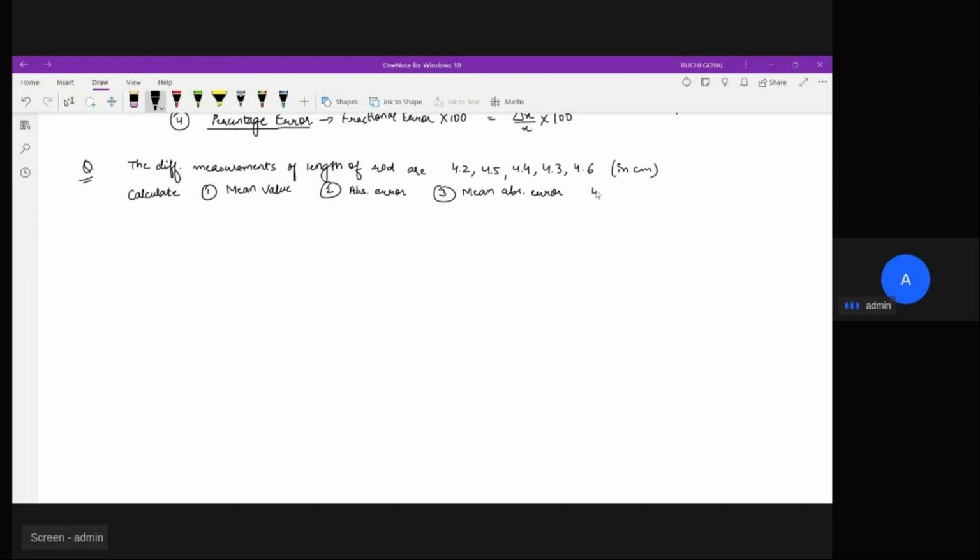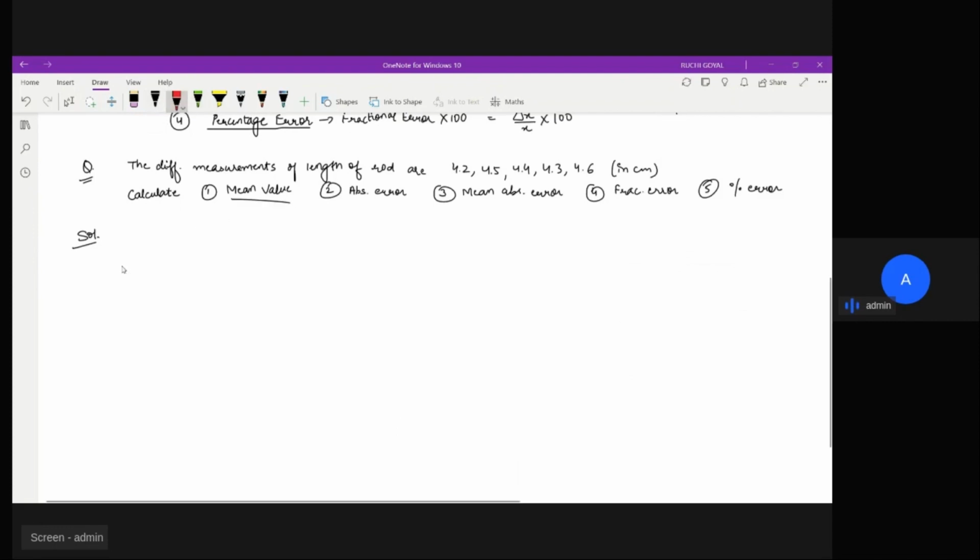Fourth, the fractional error, or you can say relative error. And fifth, the percentage error. Let us start the solution. The measurements x1, x2, x3, x4 and x5 are given to us.